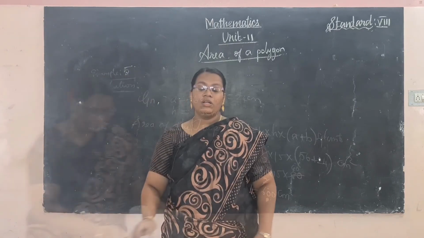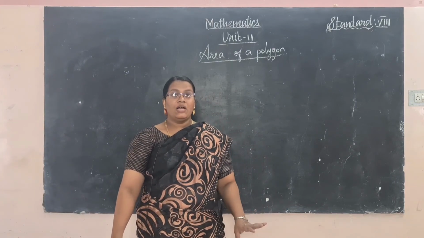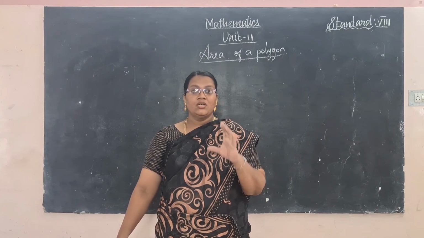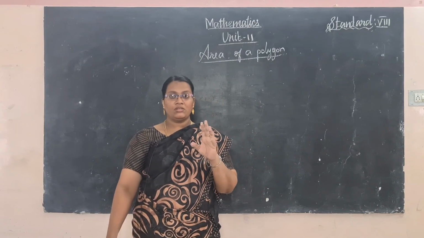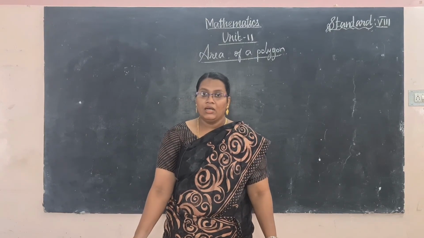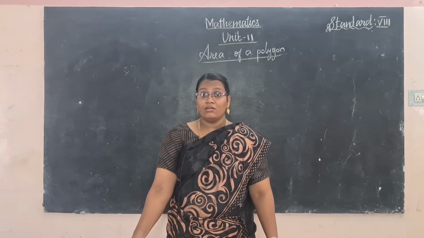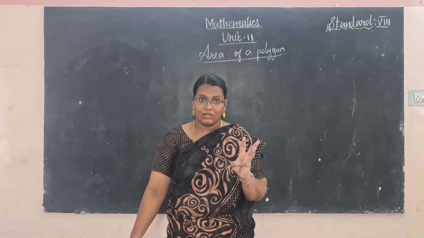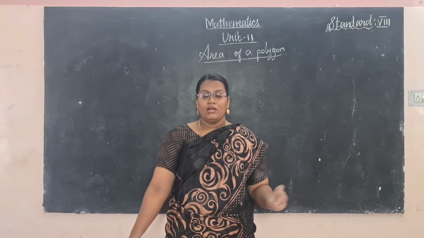Today what concepts have we learned? We have learned about the area of polygons. Polygon means three or more lines made by line segments, starting from triangle, quadrilateral, like that.